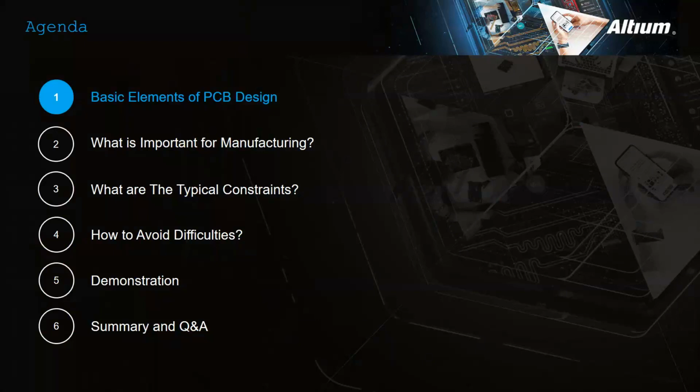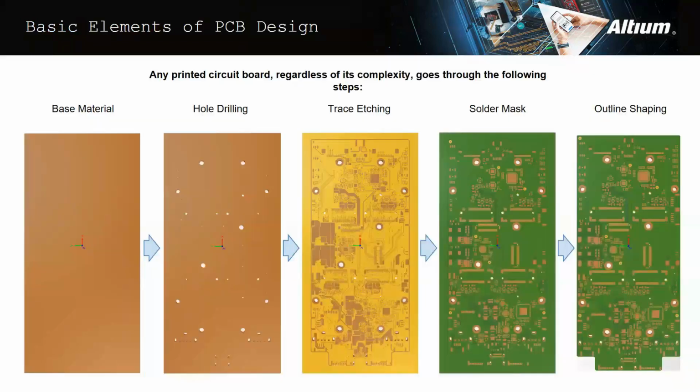Let us now discuss the basic elements of PCB designing. In order to understand which basic elements form a PCB design, it is useful to review the technology of production. I will not detail the specific process, but just briefly discuss the basic steps while remaining at a high level of abstraction.